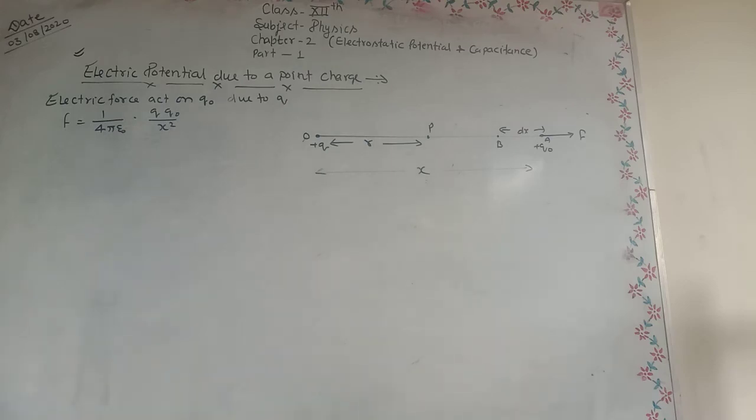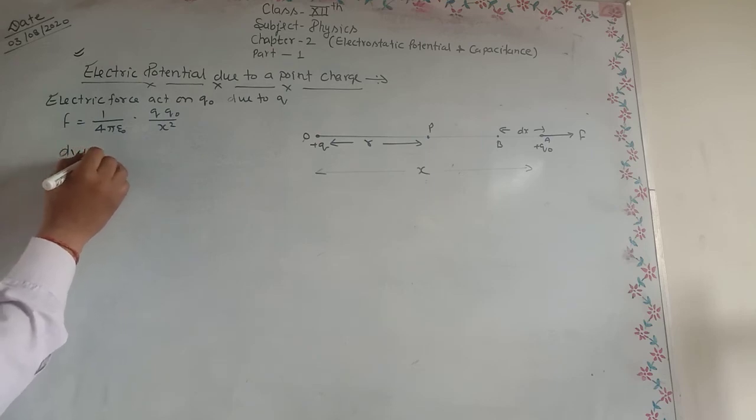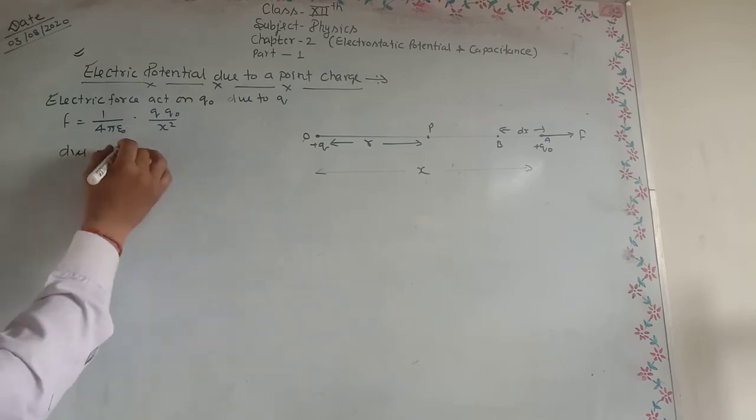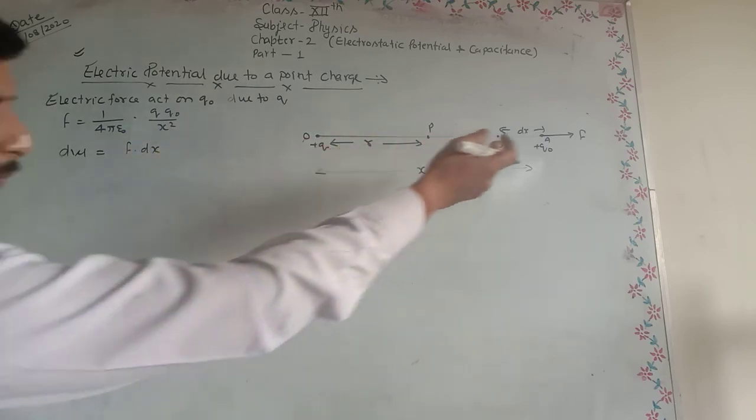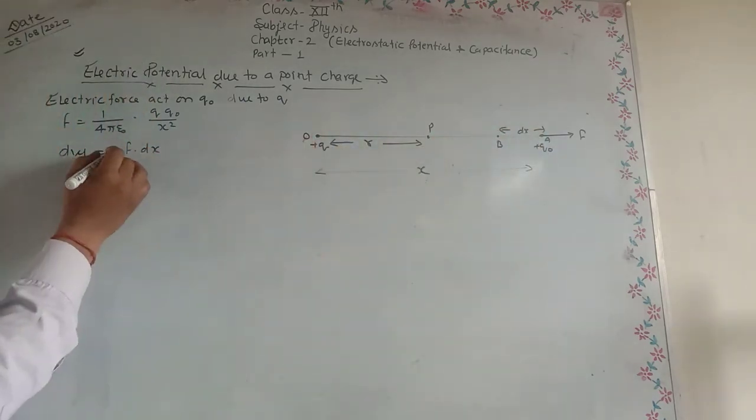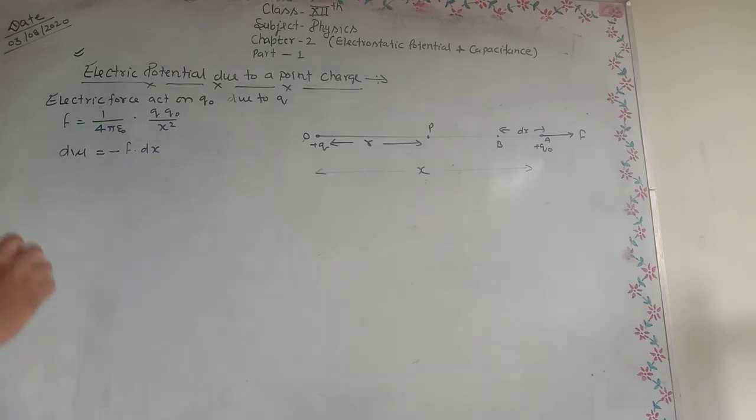Okay student, if Q0 is displaced by the distance dx to the point B, then the work done dW is equal to F dx. The work done is against the force, the direction is opposite, so the negative sign.